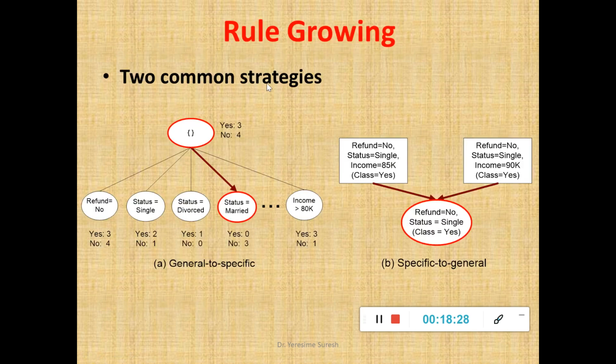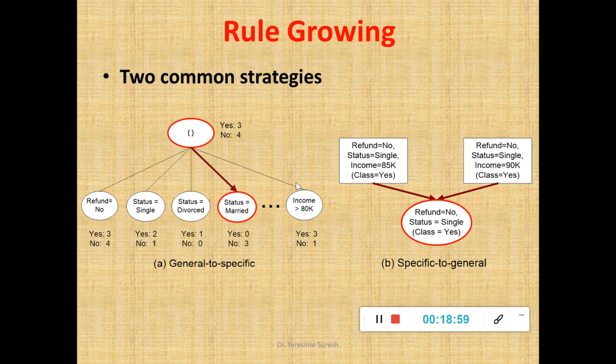Your rule growing is commonly divided into two strategies. One is general to specific, the other one is specific to general. And if you can recollect, we have discussed general to specific and specific to general in the methods for frequent item set generation. Frequent item sets can be generated using the Apriori algorithm and the FP tree algorithm, and the alternate methods to generate frequent item sets are general to specific as well as specific to general.